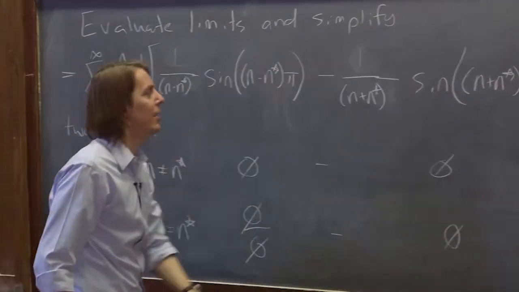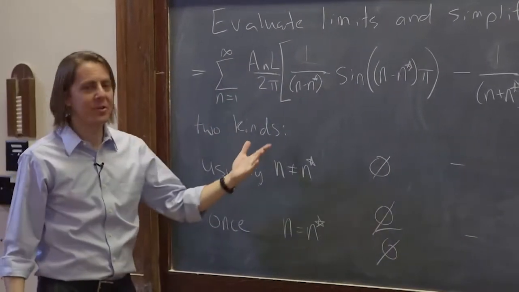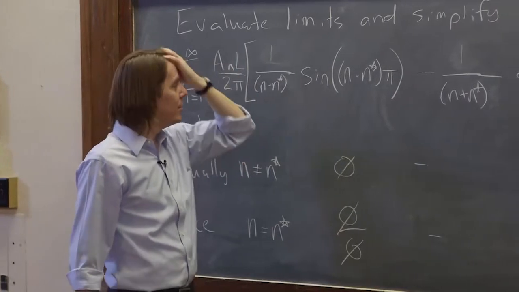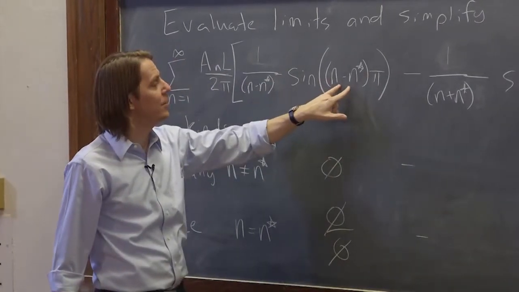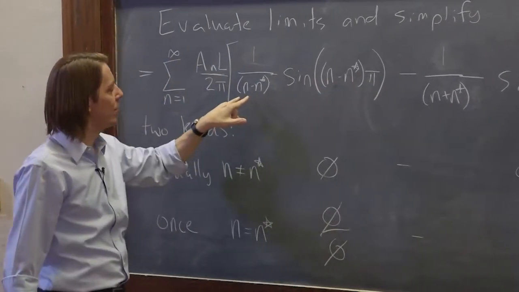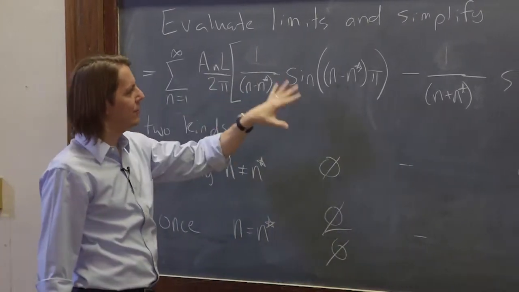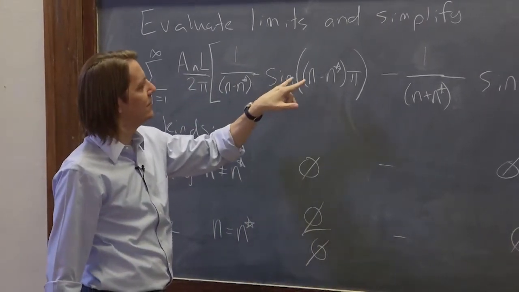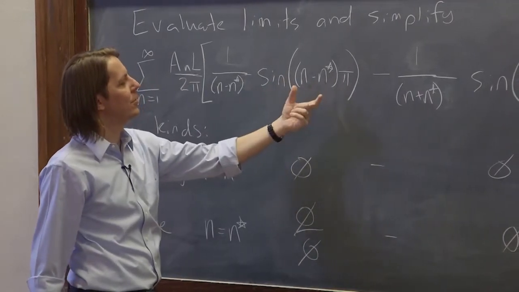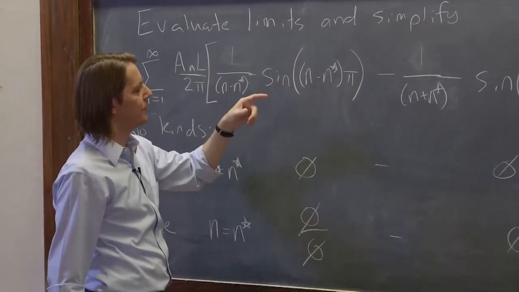We can see, what do we have? Well, we have almost exactly the example I just gave you. We have sine of this thing going to 0 times pi over the thing going to 0, n minus n star. So we take the derivative of that, the derivative of sine of n minus n star pi with respect to n minus n star is pi times the cosine.